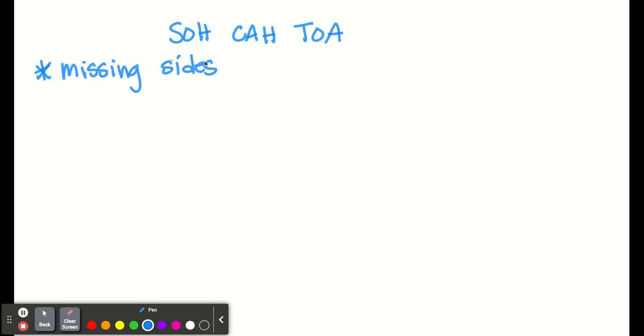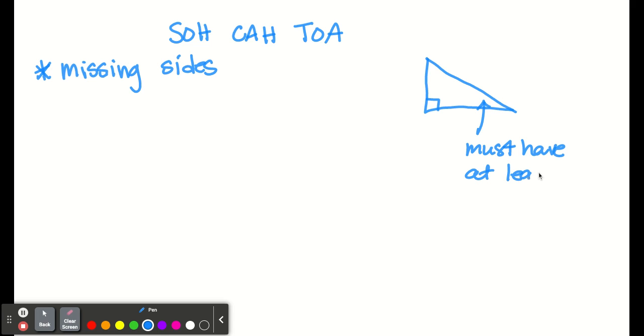In order for us to use SOHCAHTOA to find a missing side, we must have at least one of the acute angles in our triangle. From there, we have to identify the sides with respect to that angle to determine if we're going to use sine, cosine, or tangent.